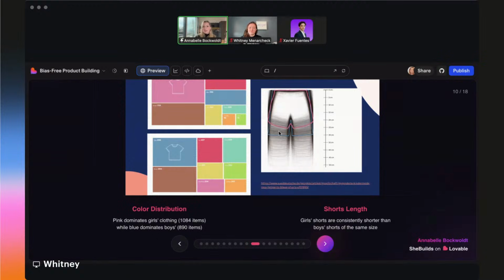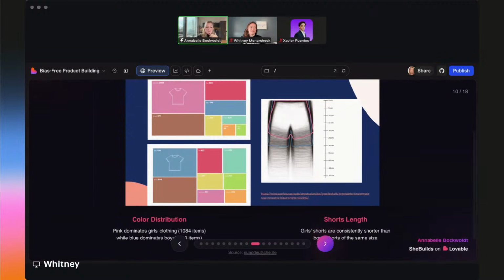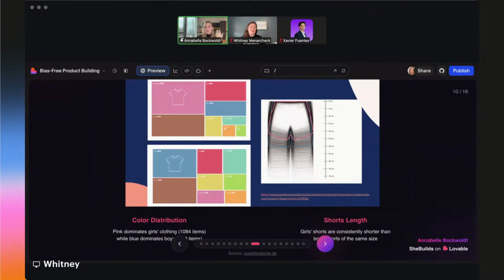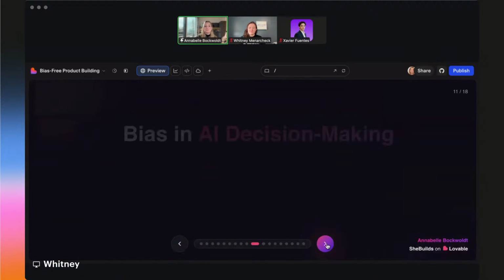Also, interestingly, the shorts for girls were much shorter than the shorts for boys. If you buy these products for your kids, it reinforces the stereotype that girls wear pink, boys wear blue, and girls wear the sexy shorts and the boys wear longer shorts. So we already shape our perception of gender roles just by the products that we're building and also which we are buying and using.